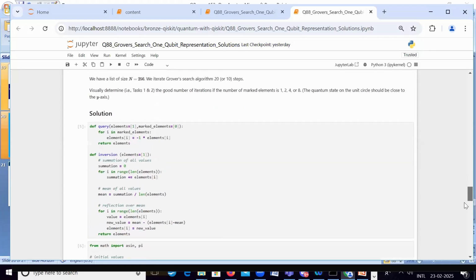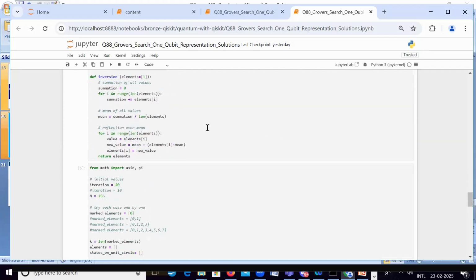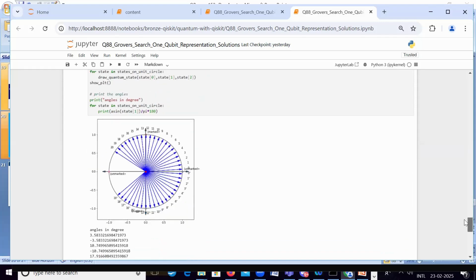Now the next task is for the same one, but the number of elements is 256. Our number of elements is higher here. Now with the number of the elements, the number of the steps also increases. Now here, as per this one, after the 11th or 12th iteration, it is going to mark the element.